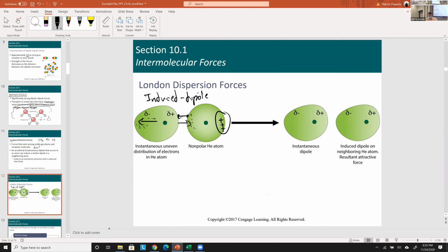It sounds like it could be in a love song, what I just said. Anyway, any questions on that? So it's an induced dipole. It's very short-lived and has a short-lived attractive force. These are moving fast, so the distances between them become greater and greater, and then the dipole dissipates.